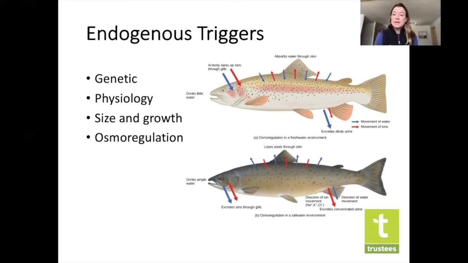When they are able to osmoregulate, that means that they can be living in that saltwater environment, and that's important. So simply put, to remember, these endogenous triggers are the internal, real genetic, physical triggers of that fish that cause it to migrate.